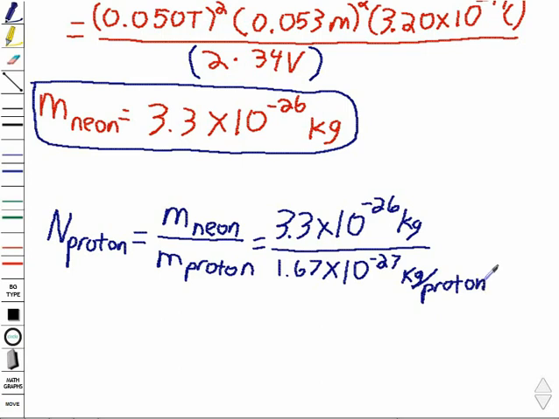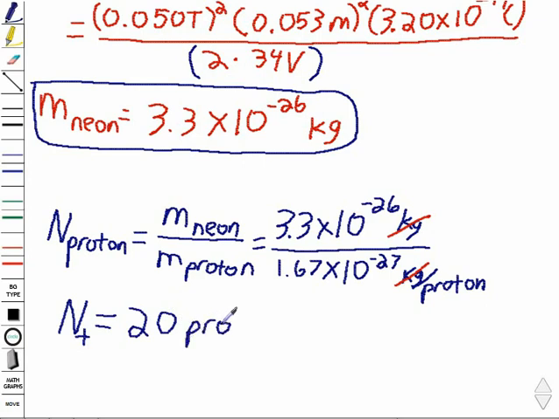The kilograms cancel out, leaving 1 over proton, which means we'll have an answer in protons. I'm going to draw a little plus sign here to represent the proton. The number of protons ends up being 20.